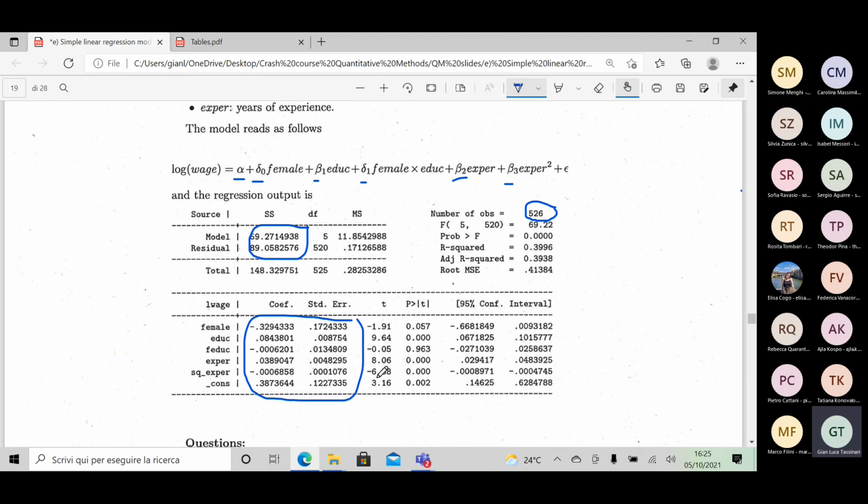Every observed value of the test statistic associated to the null hypothesis of non-significance of the coefficient is simply the estimate divided by the standard error. And the software does it automatically when you ask to estimate a regression model.